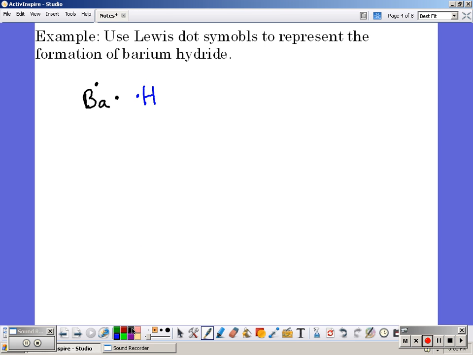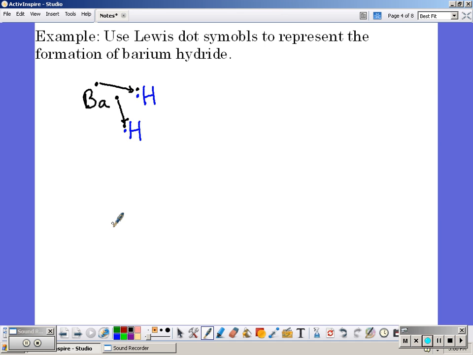Now, barium, being the metal, is going to give hydrogen its valence electron. Hydrogen only wants 2 electrons to be isoelectronic with helium, so this hydrogen will not accept barium's other valence electron. So we actually need another hydrogen atom, and now our barium can give away its second valence electron.